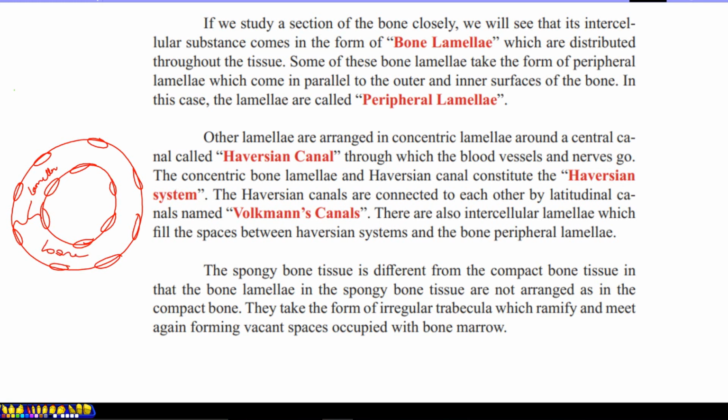So it's bone lamella. Each layer may have one more layer, one more lamella. And that is what we draw there, osteocytes.